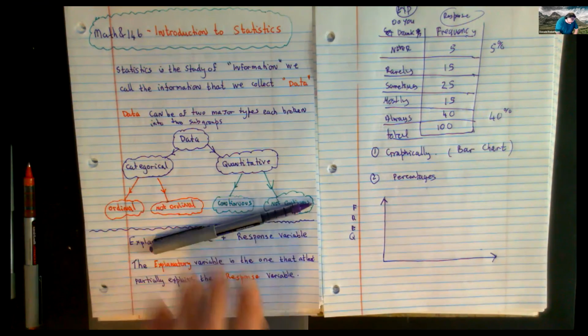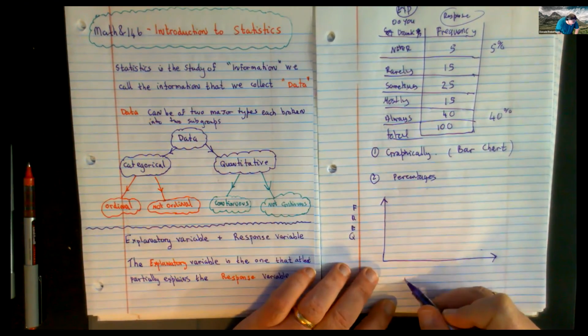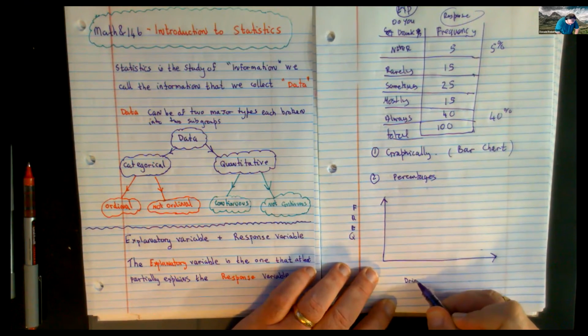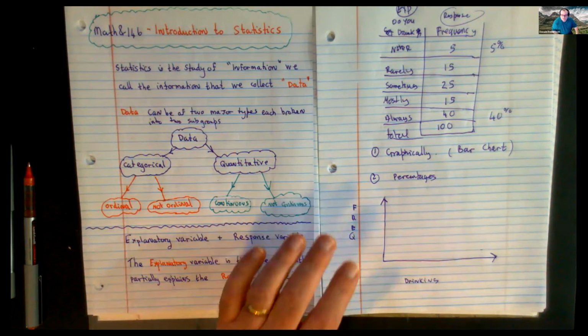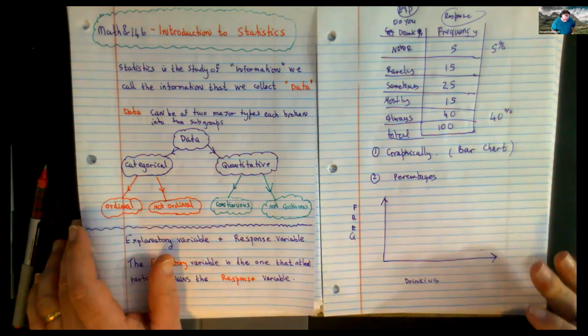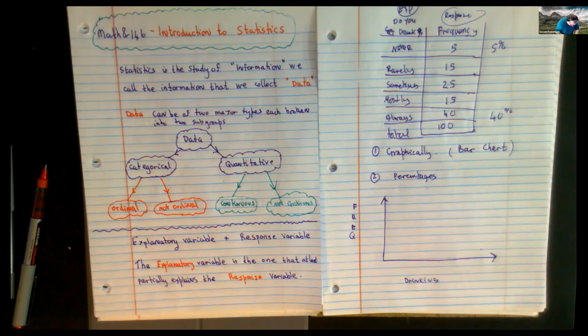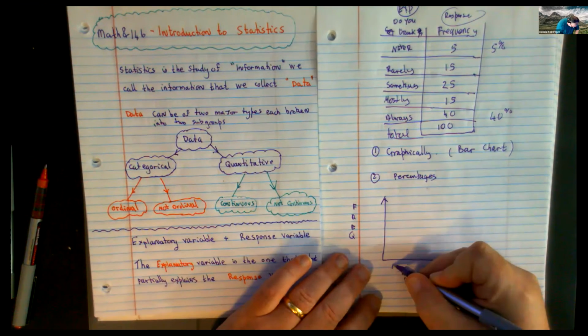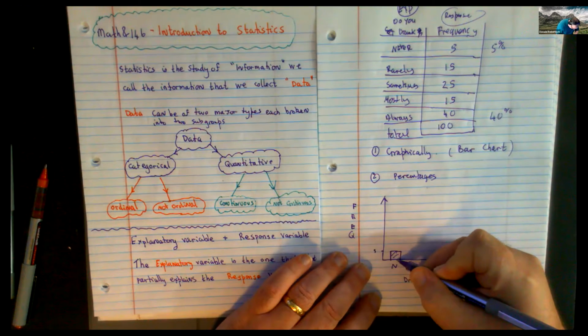So what we were saying: frequency goes this way, and drinking habit goes that way. I'm doing this really quickly because I'm going to show you that we have a piece of software that does them much nicer than I do. So you might have never, and that would be 5. Then you have rarely, which is 15.